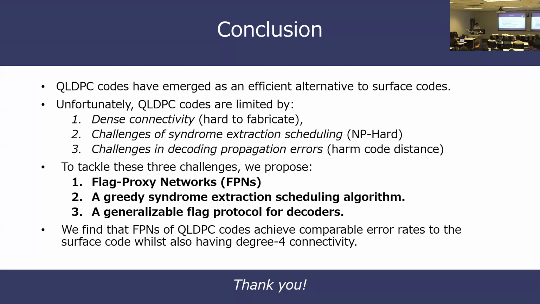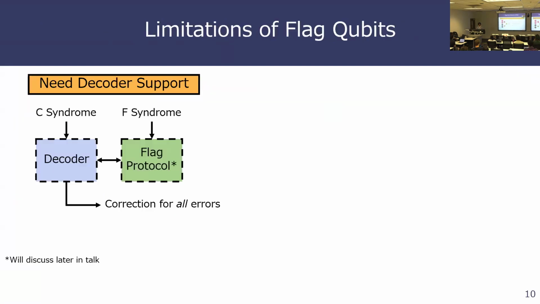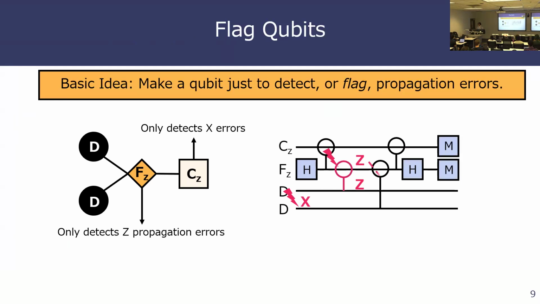So I see what you're saying. One of the things about superconducting qubits, at least about these FPNs, is that everything is local. Any qubits I perform interactions with, I'll always have a coupler. For example, here, these are all couplings. I'm never going to have a qubit perform an interaction with something it doesn't have a coupling to.